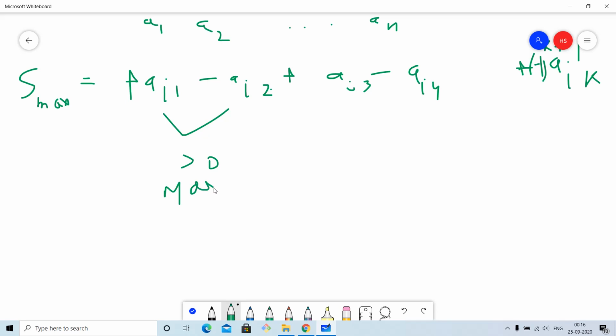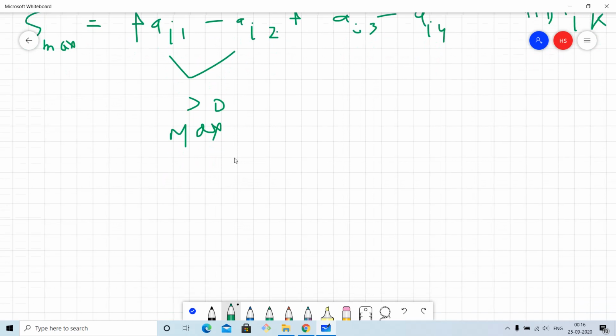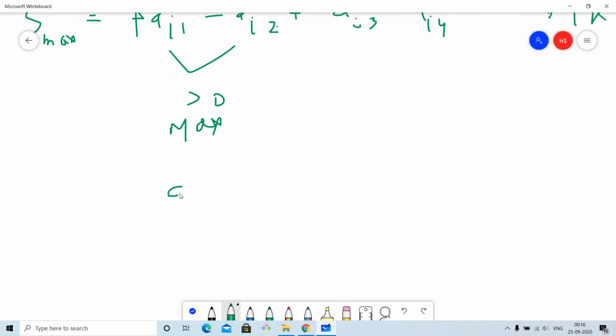And now how can we maximize the difference between consecutive elements? Let us try to understand this by looking at the neighbors of a_i1 and a_i2. The neighbors of a_i1 will be a_i1 minus 1 and a_i1 plus 1, and the neighbors of a_i2 will be a_i2 minus 1 and a_i2 plus 1, right?